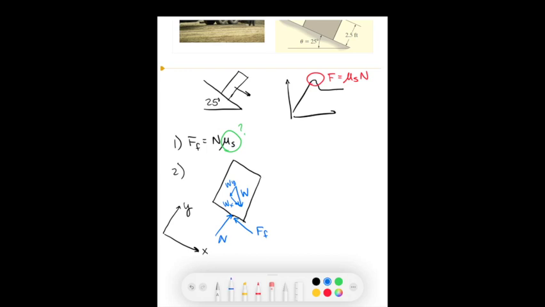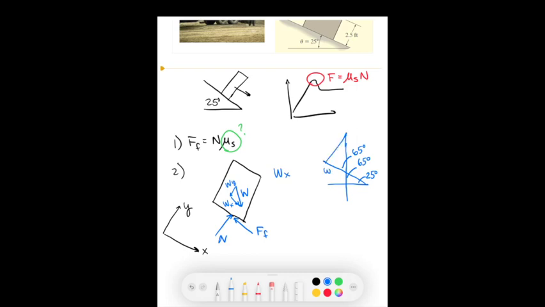So, if I do that, it means that Wx, well, what is that? We have to draw a little bit of a diagram here. So we know that this is 25 degrees. Therefore, this must be equal to 65 degrees, since that's 90 minus 25. And this must be also equal to 65 degrees.